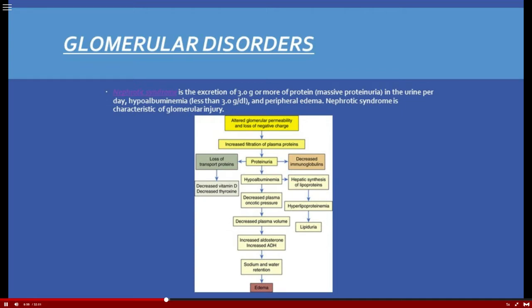And what you're going to see is decreased plasma volume, and once again, ADH and aldosterone are going to be secreted. But what ends up happening is retention of sodium and, of course, water retention. And what do you get? You get edema. Here's some other things that go on. Over here, you also have lipiduria and hyperlipoproteinemia.